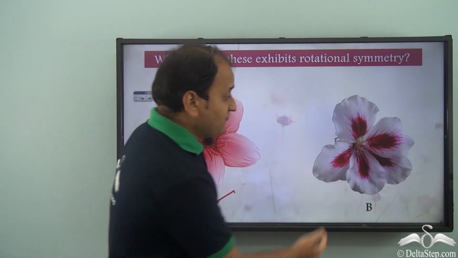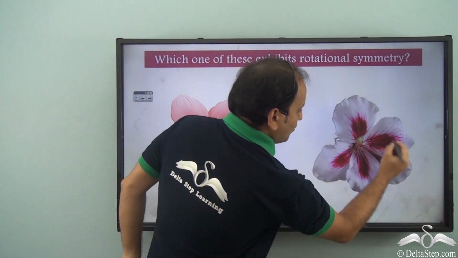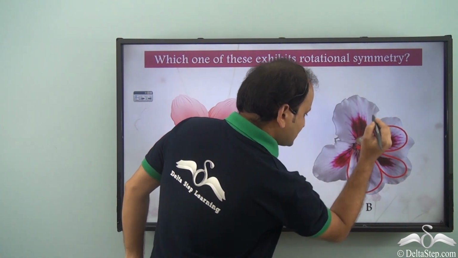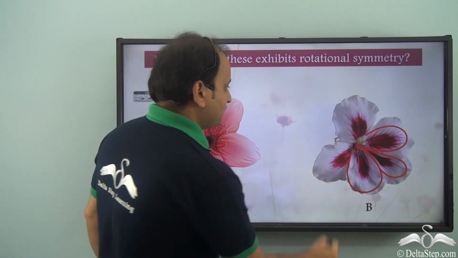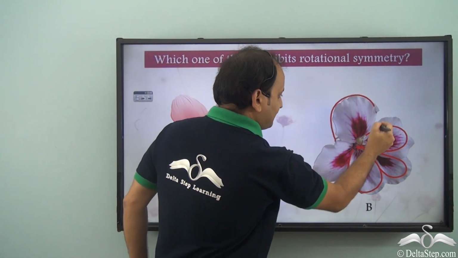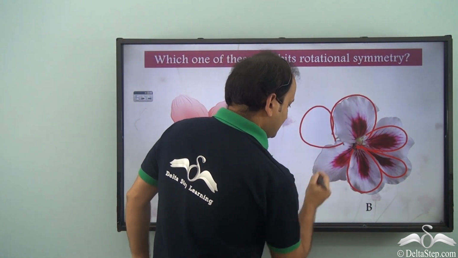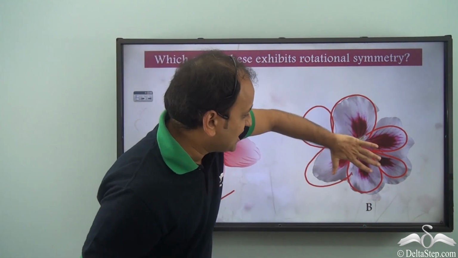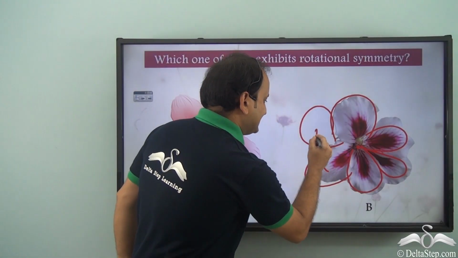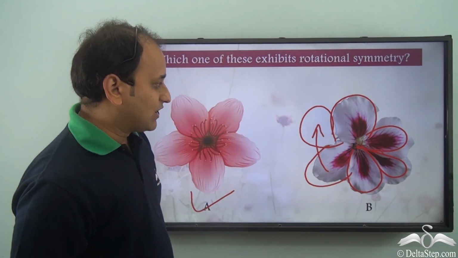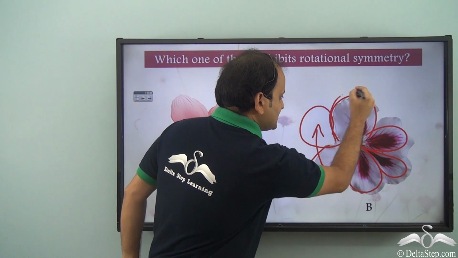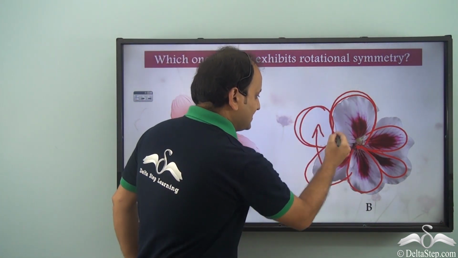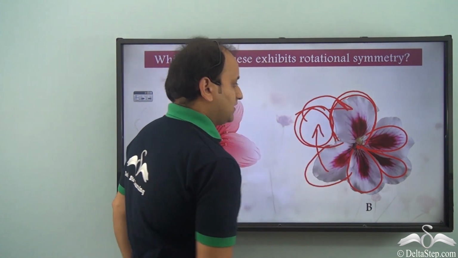While in the case of B, we can clearly see that while these petals may be of almost the same angle and shape, when you come to this side, after this petal you have a gap, and then you have this petal. So what will happen? Once the position changes, when this petal moves here, this particular position will become blank because this one will move here.